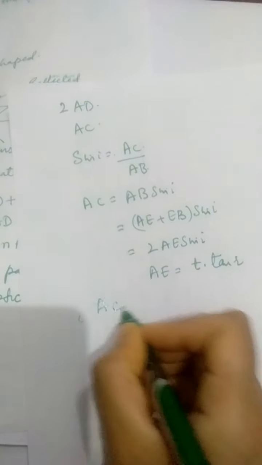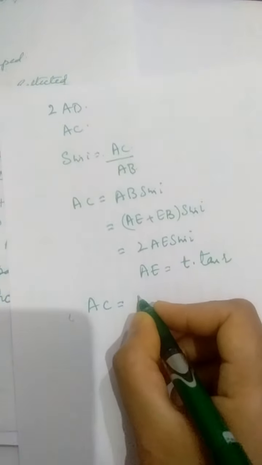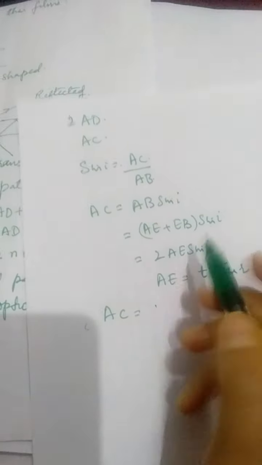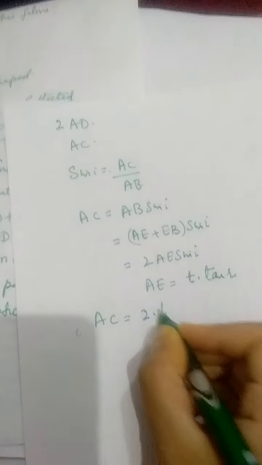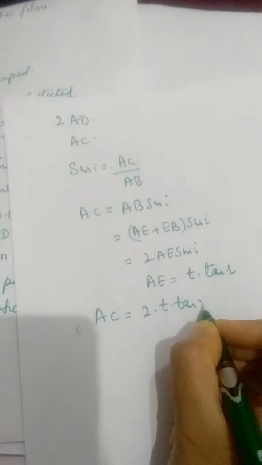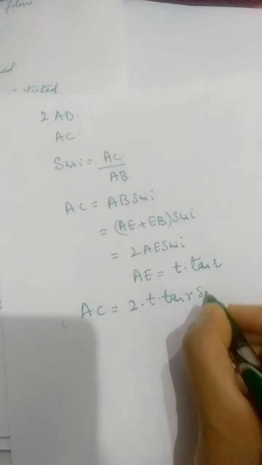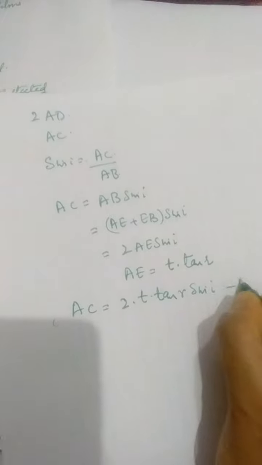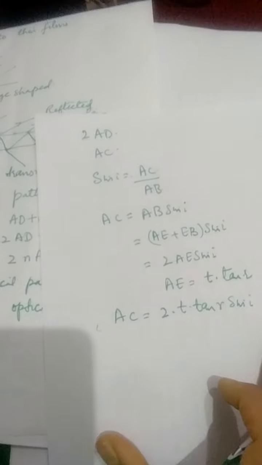Therefore, this AC is actually equal to this twice t tan r and this sine i. So, this will be first expression, right? Now, you are also interested in finding this AD.